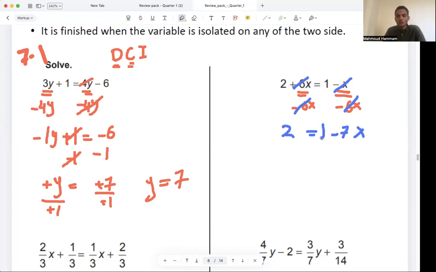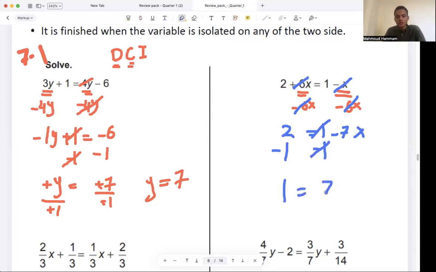Continue. I'll make the 1 go to the 2. Very good. So minus 1 left, minus 1 right. And then 2 minus 1 will be 1, and these will cancel. 1 minus 1 is 0.